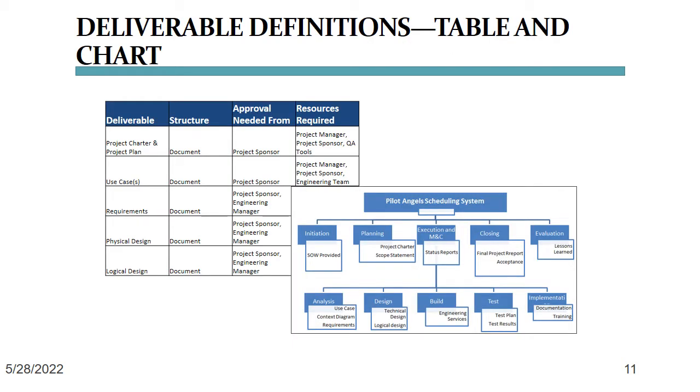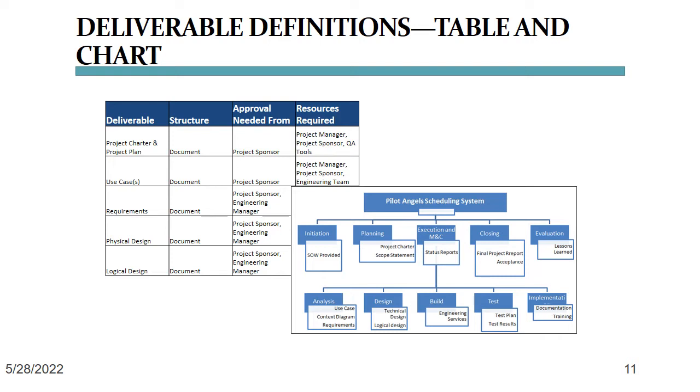Here we're seeing two ways of documenting project scope. On the left side, you're seeing a deliverable definitions table. The deliverable definitions table contains the project deliverable, here for example, project charter and project plan, and so on. The structure of that specific deliverable, in our case it's all documents. Then the approval structure in alignment to our project governance structure.